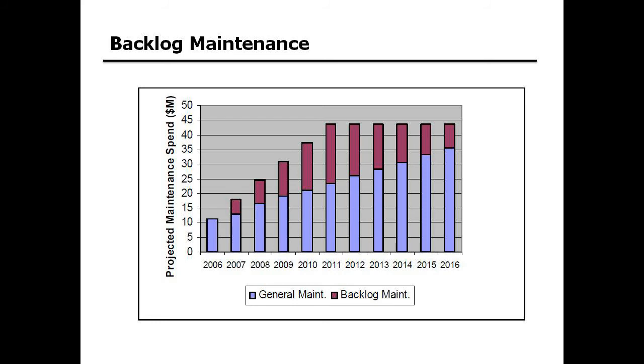All those components of maintenance which build up, legislative, larger scale maintenance projects which can't be done that year, can't be resourced, are shown there in the maroon part of the graph, and as you can see, it slowly builds up.